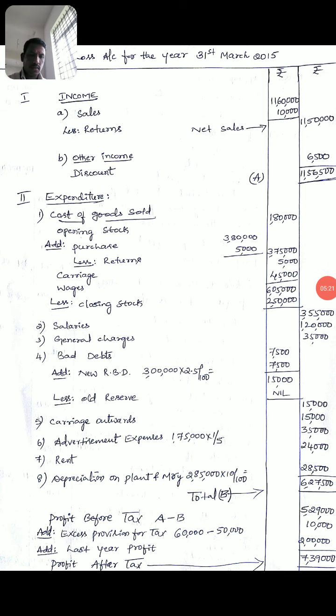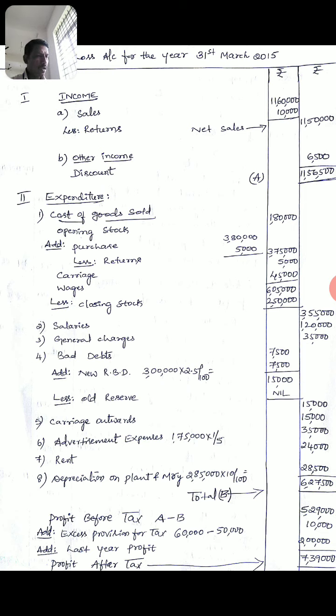Next, rent of rupees 24,000. Next, depreciation on plant and machinery. In adjustment A, they have given depreciation only on plant and machinery. So plant and machinery is rupees 2,85,000 into 10 by 100, which comes to 28,500.